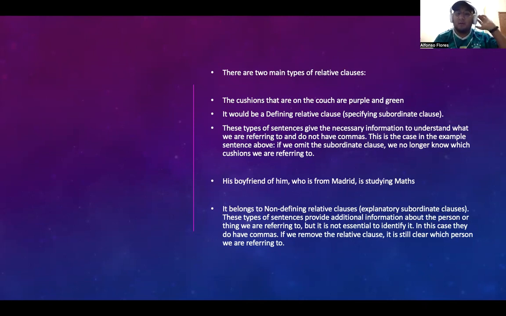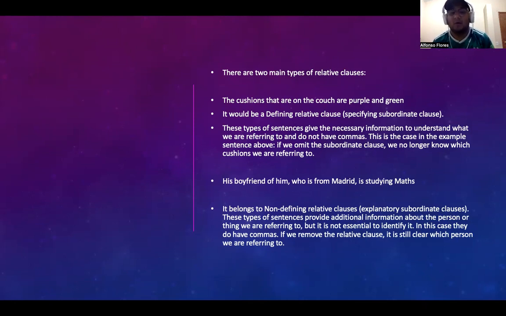His boyfriend, who is from Madrid, is studying maths. It belongs to the non-defining relative clause, an explanatory subordinate clause.